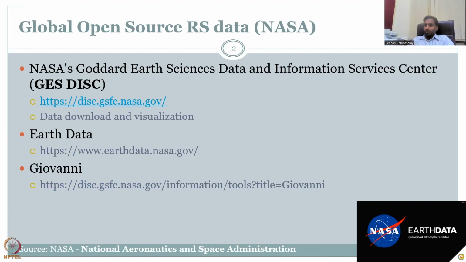For example, I'm using Landsat land use land cover data. If you go to each of these three links I said and search for that particular data, you'll get the same data. There's no difference. But the way of accessing and visualizing the data is different.